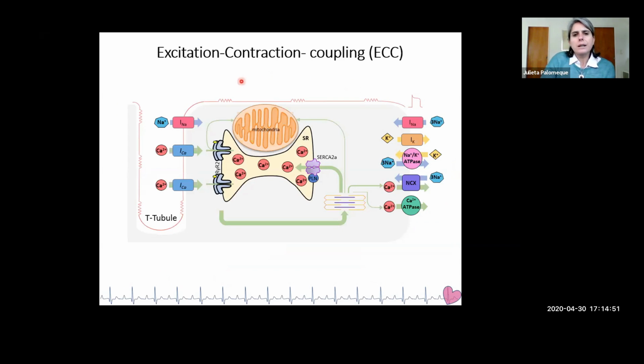So we focus on the typical proteins of excitation-contraction coupling that are already discussed and described in diabetic cardiomyopathy, but in a prediabetic model.